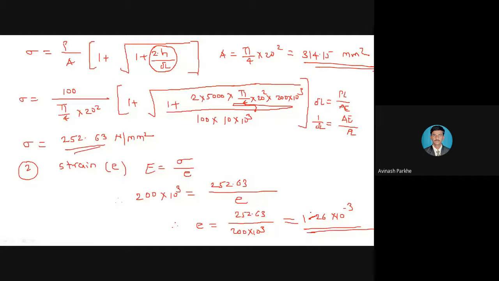Those who have finished, please do the calculation for the strain energy. A common formula is available for it. First, do the calculation for the strain. Young's modulus is equal to linear stress upon linear strain. By rearranging the terms, the formula is small e equal to stress upon Young's modulus E.